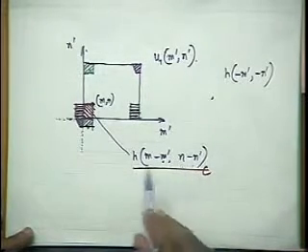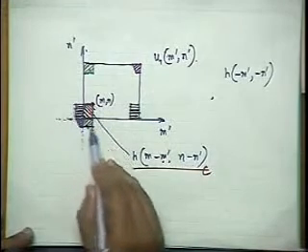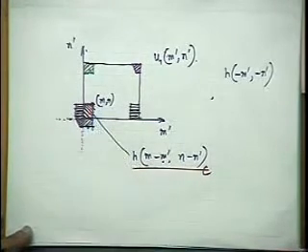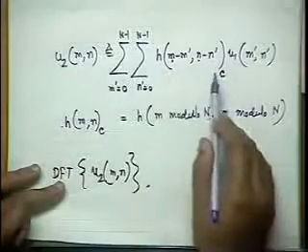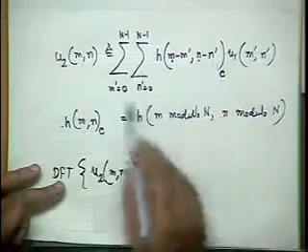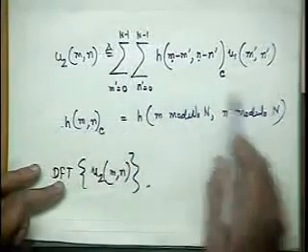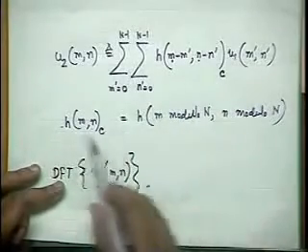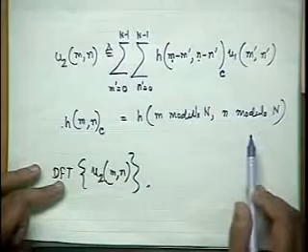So this function is now defined with respect to this mn point. And for the circular convolution definition, again we go back to the definition, which says firstly that m minus m prime and n minus n prime are modulo n indices. That is the first definition because of the circular function.